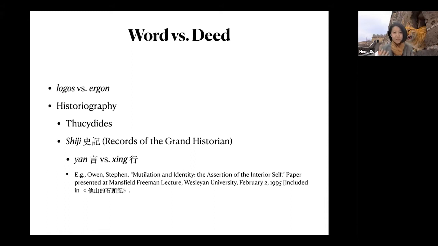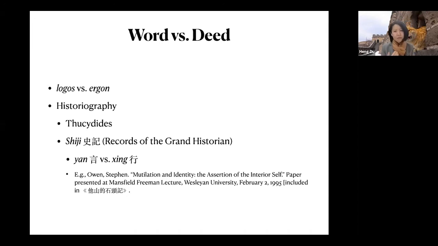So this notion of word versus deed is a central antithesis or dichotomy in Western classical discourse, right? Especially in ancient Greek discourse. But I think it's obviously also a major concern for historians, ancient and modern. So we see, for instance, this dichotomy playing a major role in Thucydides.